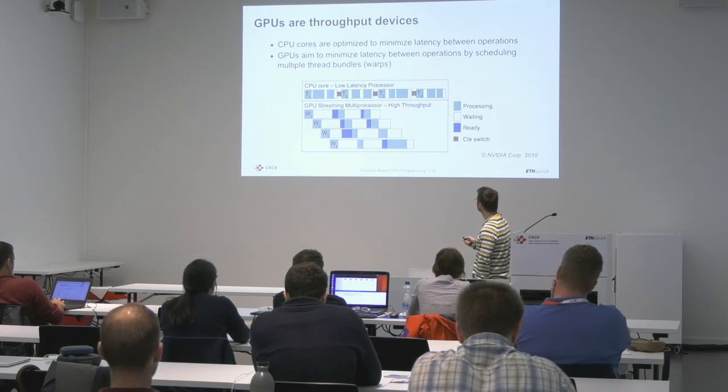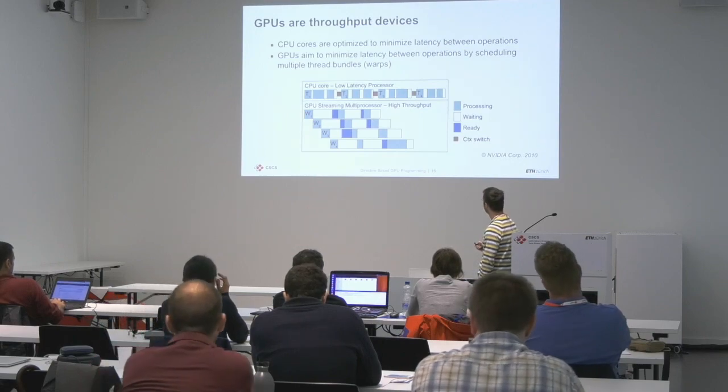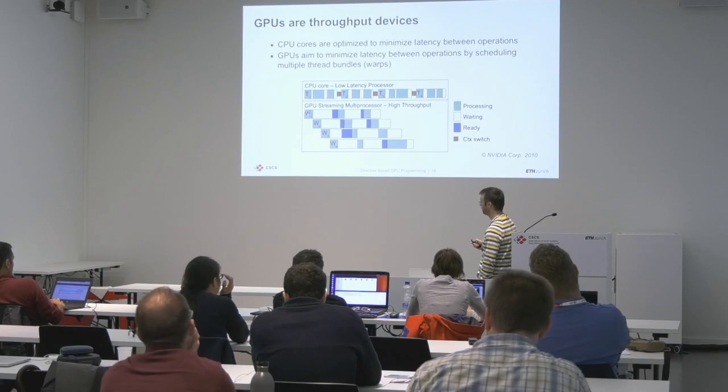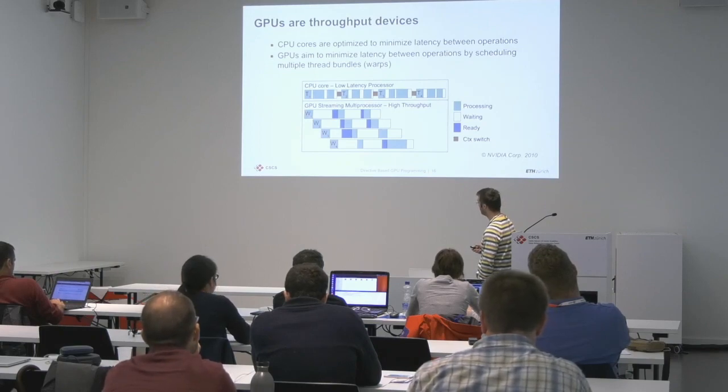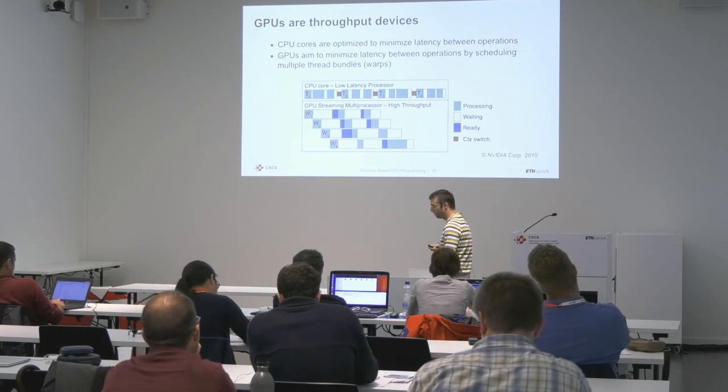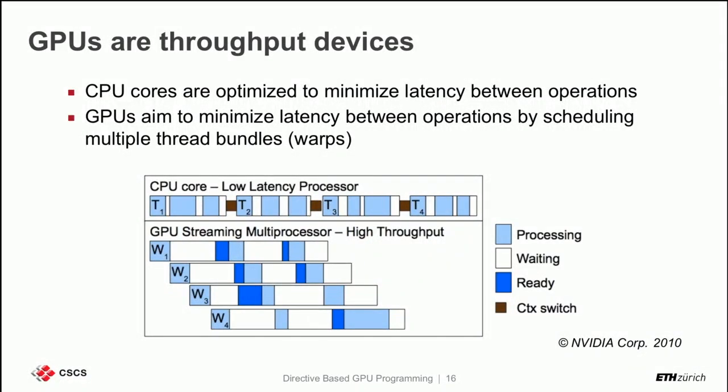Now on the GPU, it's a bit different. The GPU has lots of threads, or thread bundles that we will see later on. Those threads execute, and when they do a memory operation and have to wait, you don't have large caches to quickly get the data.